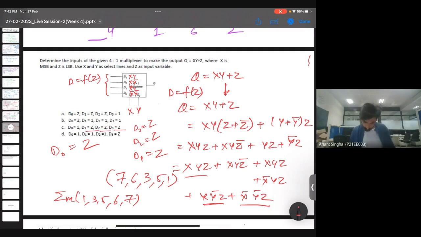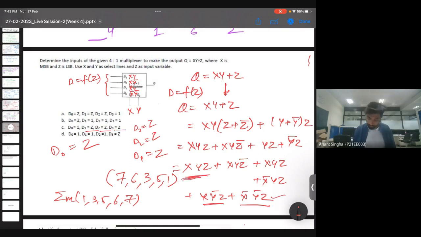Okay, I've written something wrong here, I guess. xyz plus z bar, then xyz plus x bar yz, and then okay, x bar y bar is z, then x y is okay.